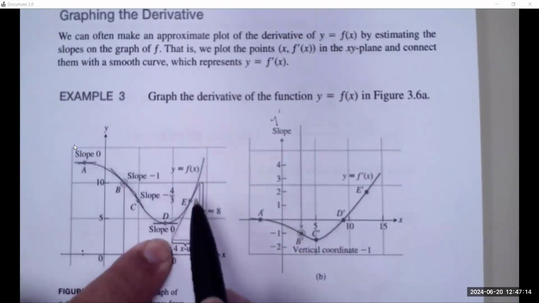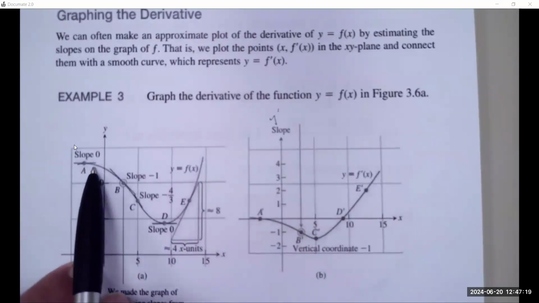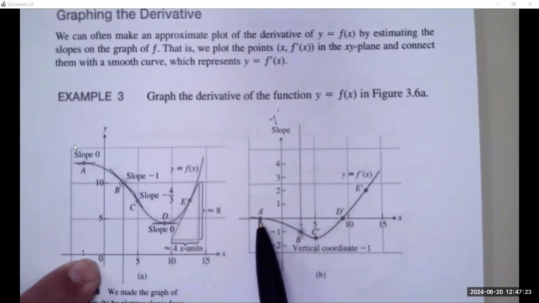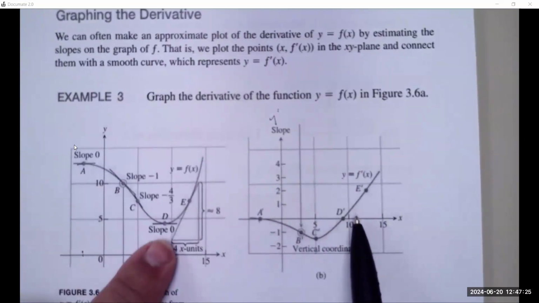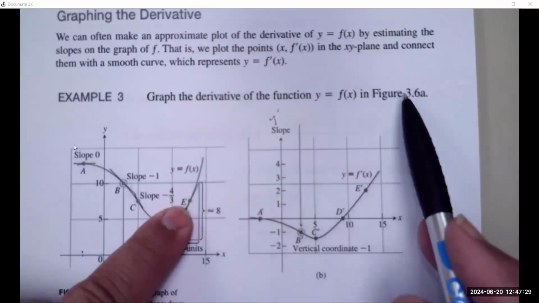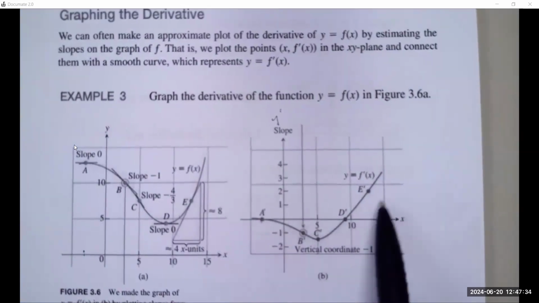So you see that this graph is above the x-axis, but the function graph with respect to the derivative, if it's a 0 slope, it's on the x-axis. Here's a 0 slope, it's back on the x-axis. Then above it, it's above. Below, it's below. So what this graph tells me is this.